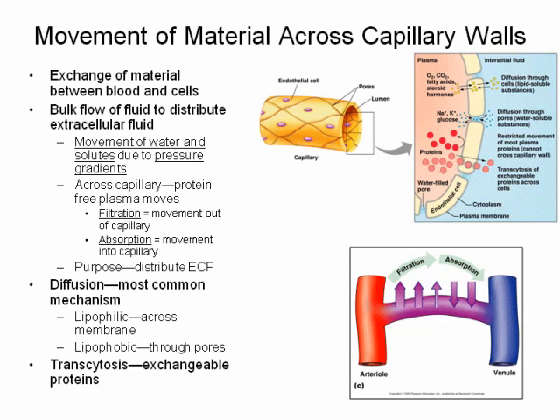So there are two processes that we talk about, filtration and absorption. Filtration is movement of material from the blood supply into the tissue. So it's movement out of the capillary. Absorption is movement of material from the tissue into the capillary.